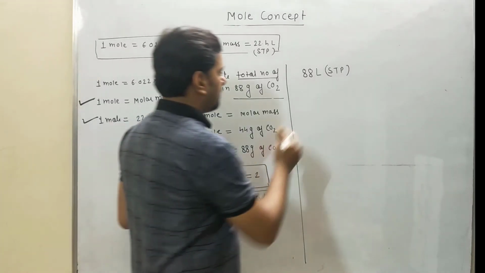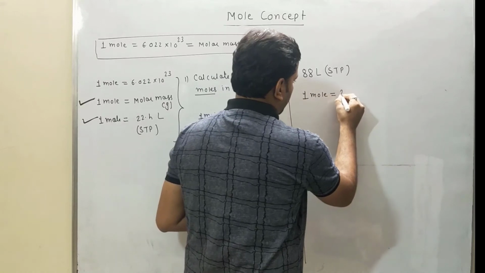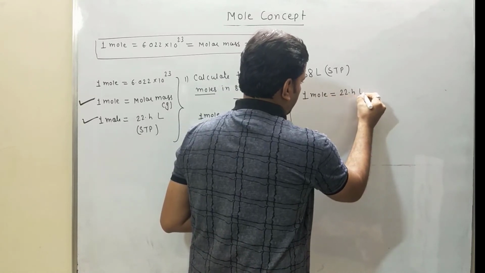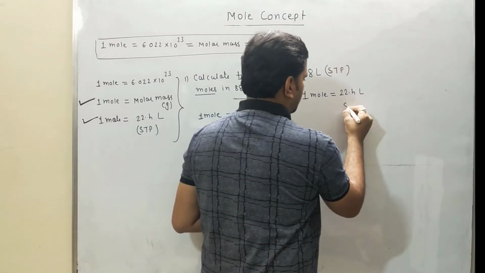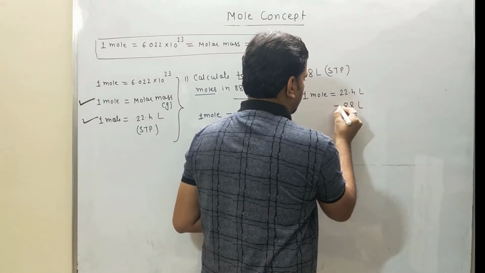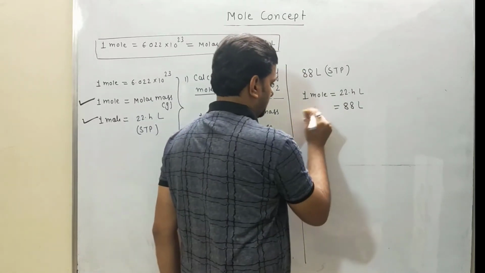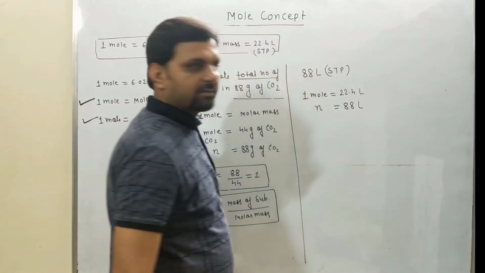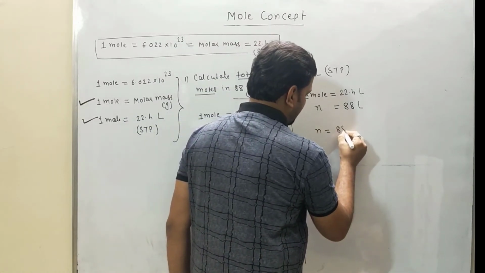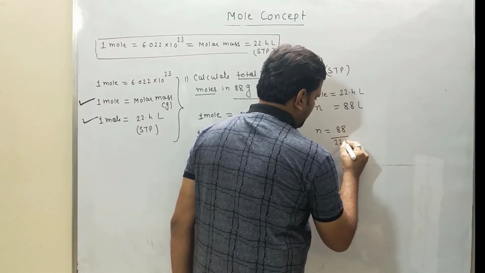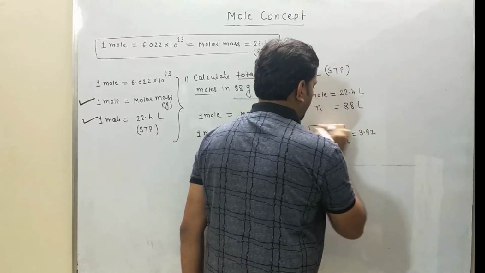So 1 mole equal to 22.4 liter. So 88 liter equal to how many moles? So n equal to 88 divided by 22.4. So that is approximately 3.9.